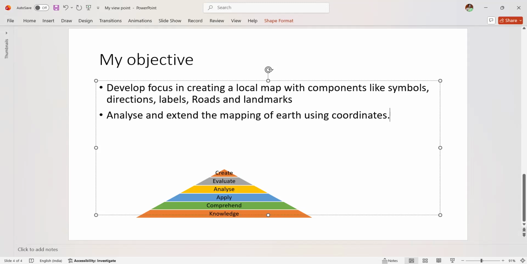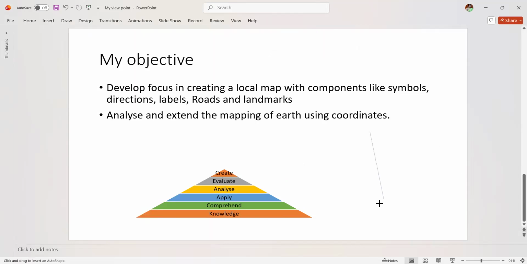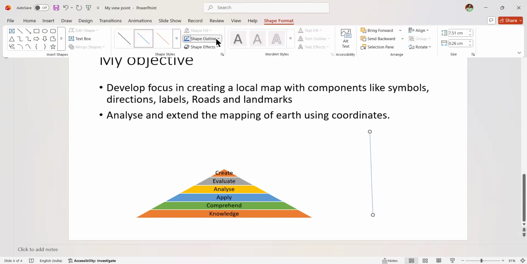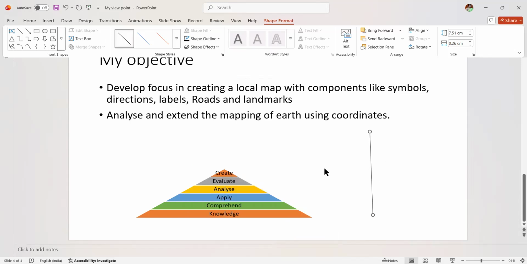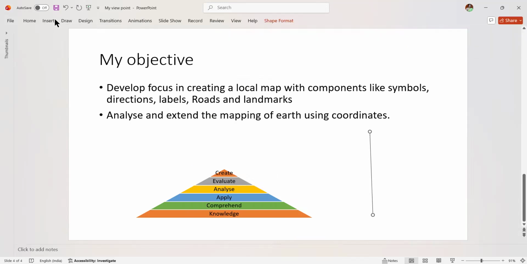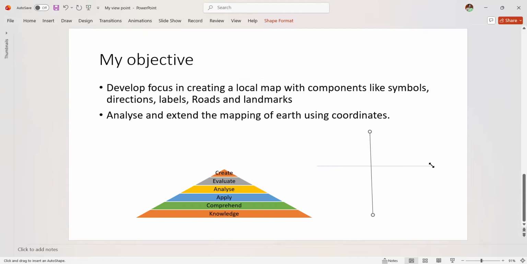Now, to understand a point in a place, especially when we look at graphs, I'm just using a symbol here. Now let us take this.